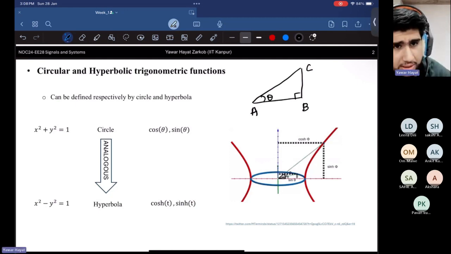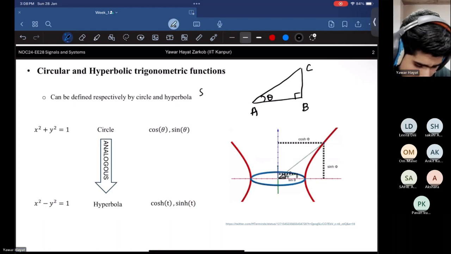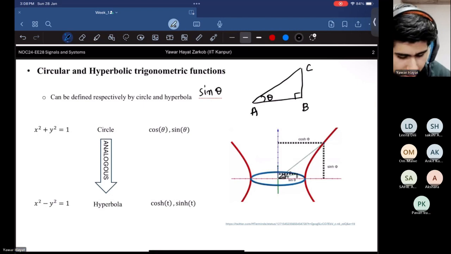If ABC is a right angle triangle, then we know that sine of theta is BC divided by the hypotenuse, cos of theta is defined as the base over the hypotenuse, and tan of theta is given by the ratio of the two, BC by AB.